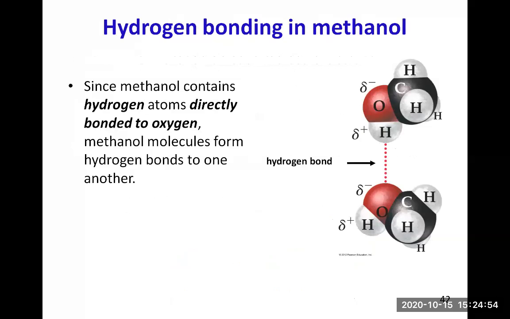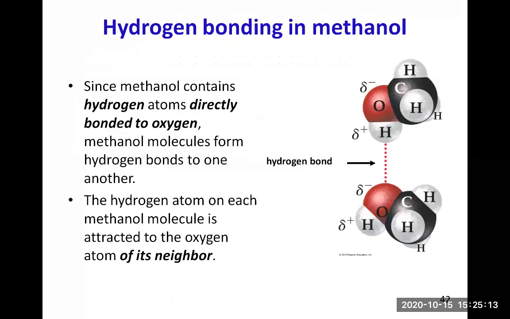Hydrogen bonding exists in methanol, since methanol contains hydrogen directly bonded to oxygen. It's that OH alcohol function. And so methanol molecules form hydrogen bonds with one another. The hydrogen atom on each methanol molecule is attracted to the oxygen atom of its neighbor.